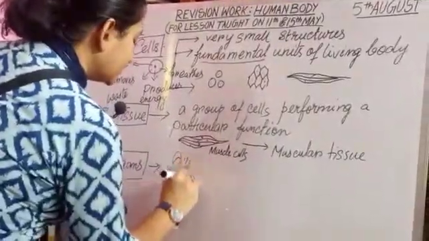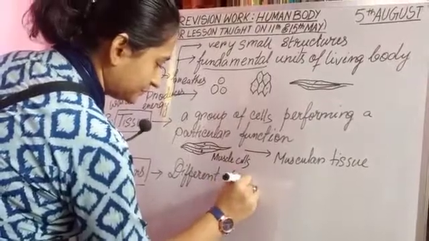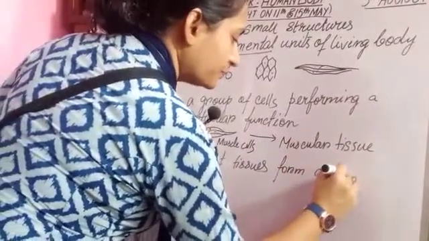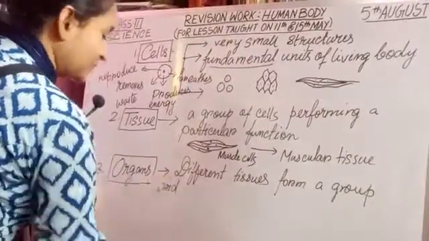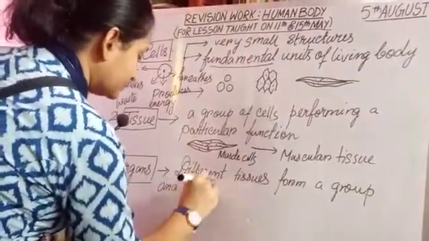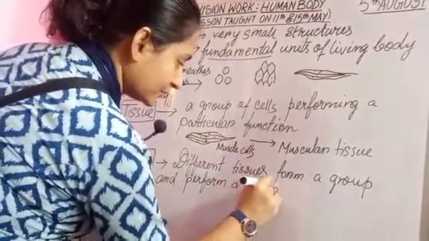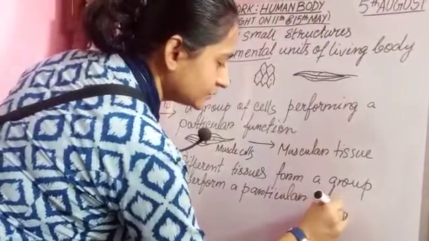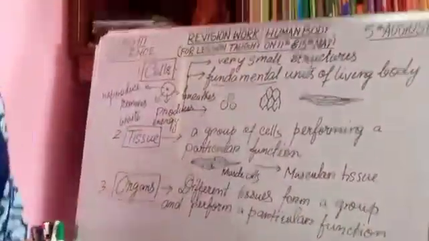Different tissues, right? They form a group and perform a particular function. Then we can call them an organ.